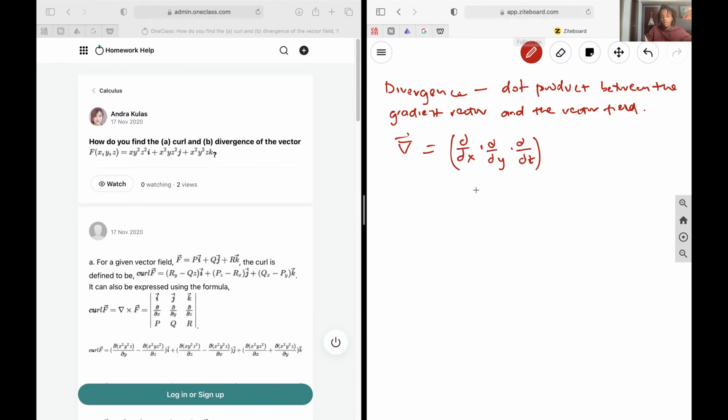So since f is using x, y, z in rectangular coordinates, I'm going to have 3. And then my function is going to be, let's call it f1, f2, f3. And so my divergence is going to be the dot product between these two.